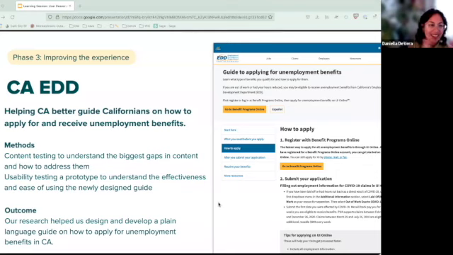So usability testing and content testing went hand in hand in this case, kind of pushing on each other. But all of that work helped us quickly iterate the design and content for the guide, launching a human-centered, more plain language experience that demonstrated how users could better understand the differences between the different programs and how to apply for each of them.